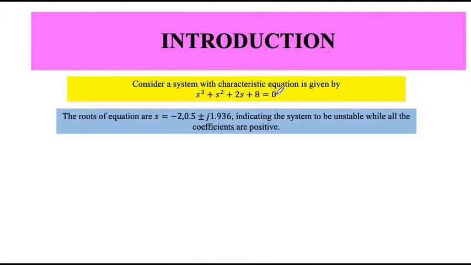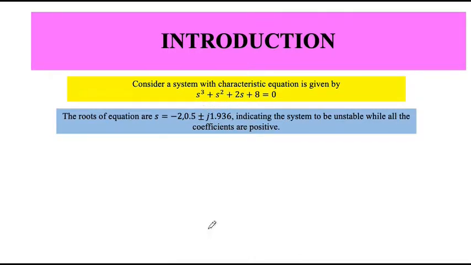We compute the roots, and the roots turn out to be minus 2, this stable guy, and 0.5 plus minus j 1.936. Now this guy is in the right half plane, so therefore the system is unstable.